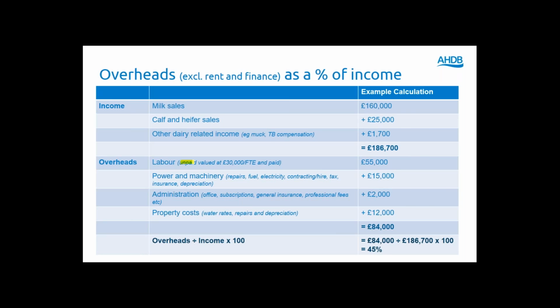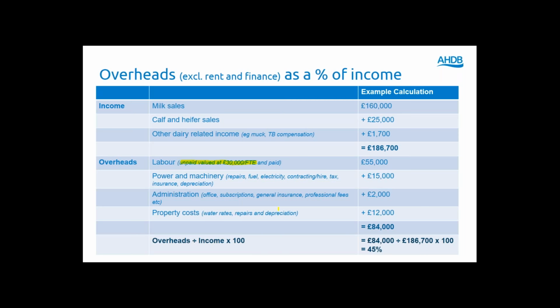So you can see here we've got unpaid family labour, standardised so that you don't manipulate the figures. If you standardise it at £30,000 per person, if it's full time, obviously if they're spending half their time on that, you put in 15,000. But that is something which tends to be used with CFP benchmarking as well.